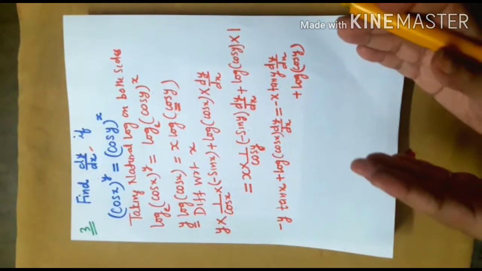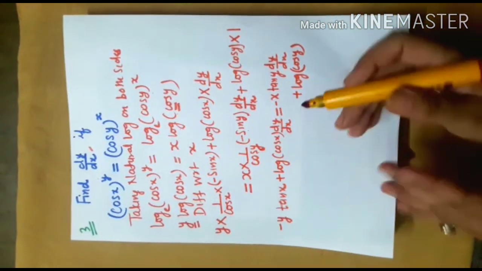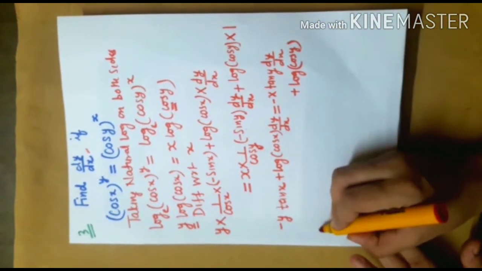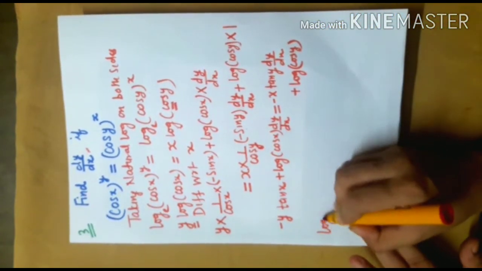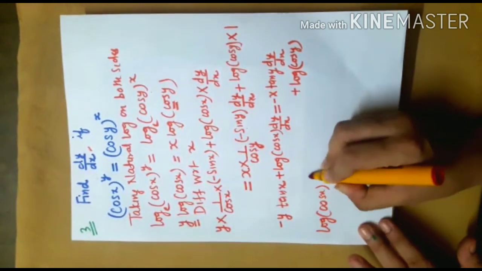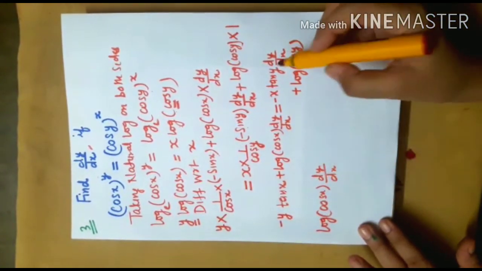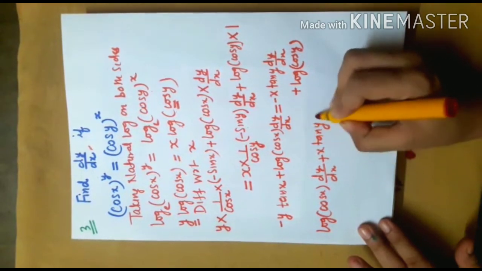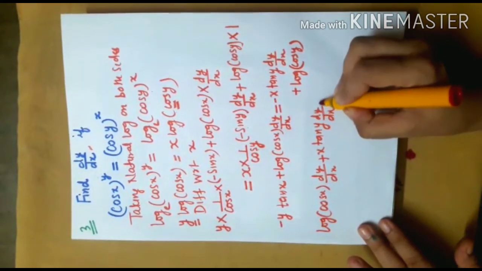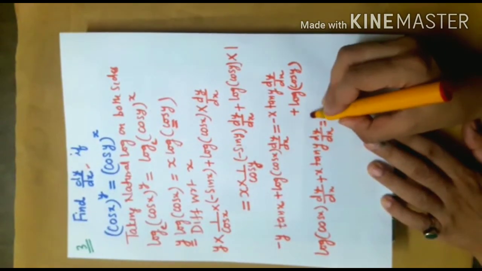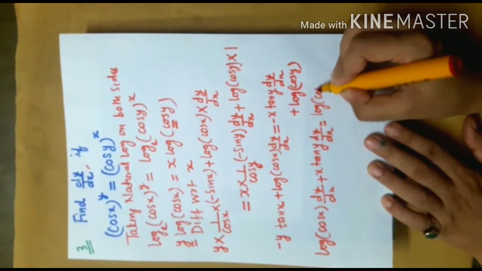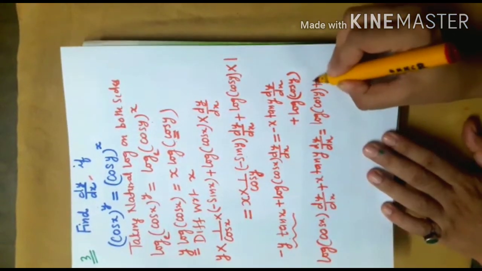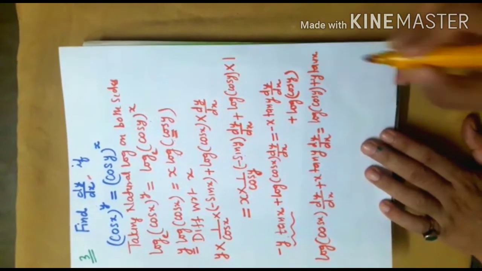So I'll transpose all the terms containing dy by dx on one side. So it's log cos x dy by dx. Transpose this term to this side. So x tan y dy by dx equals, it's log cos y, and transpose this term to the other side, plus y tan x.